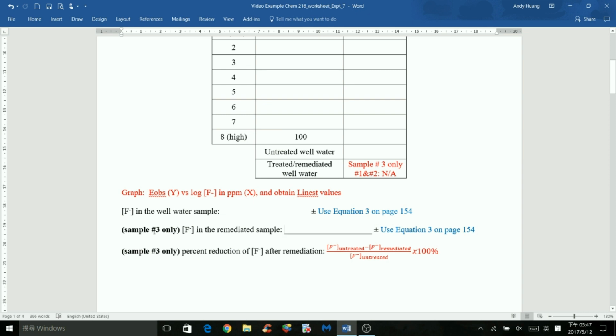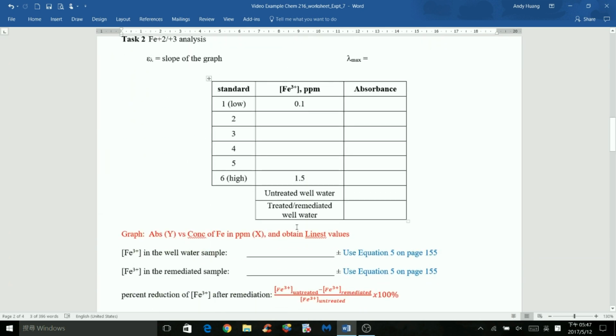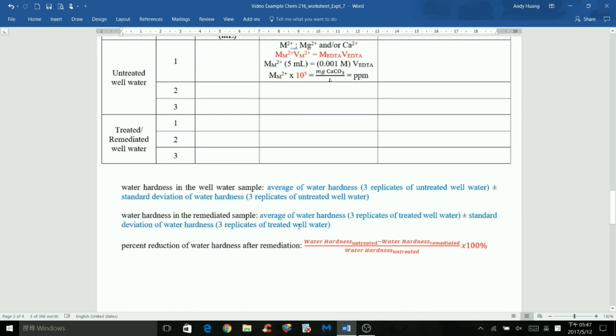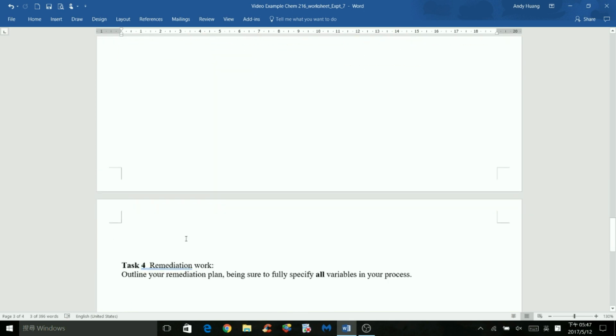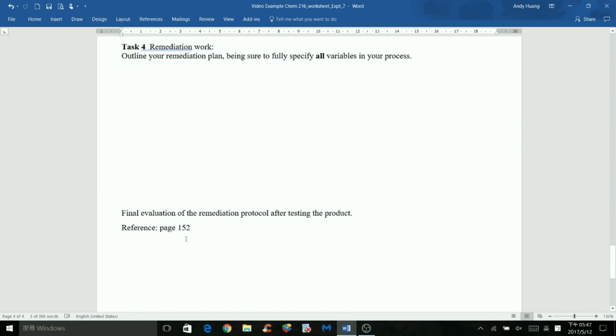Of course, for task 1, only people with sample number 3 can comment about how effective it was. But for iron 2 plus, iron 3 plus, and water hardness, you can comment about how much of the ion was reduced after remediation, and if you achieved the goals.